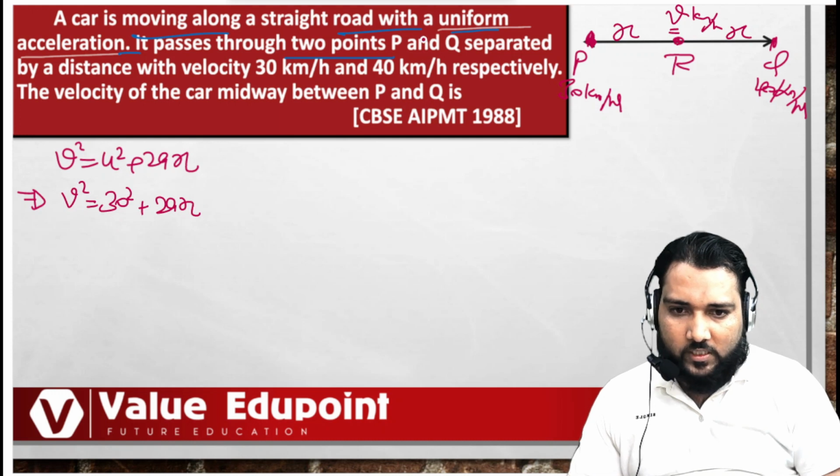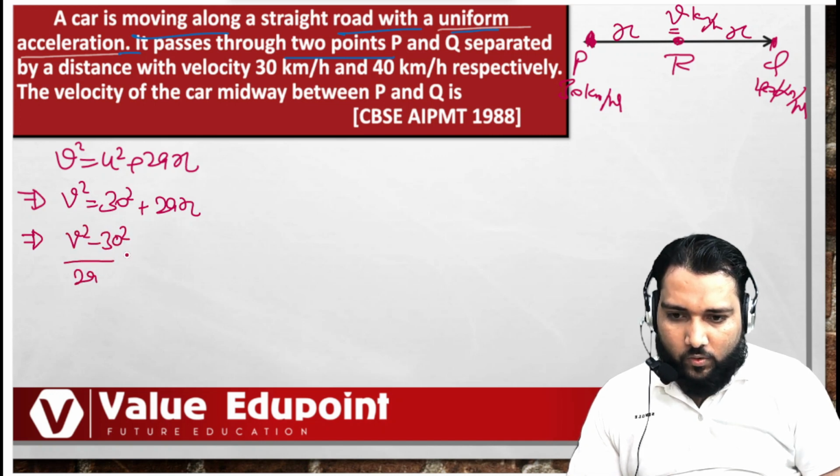Acceleration is constant because uniform acceleration is given. So now I am taking v square minus 30 square upon 2a is equal to x. This is equation 1.